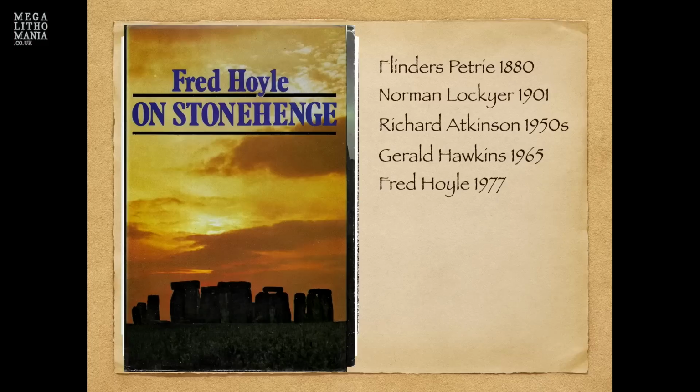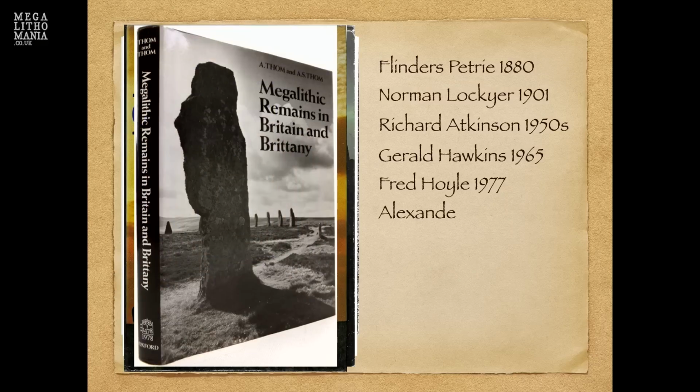And then after Hawkins, we get Prof Hoyle, another astronomer, renowned professor, who did another great book on Stonehenge, looking at the astronomical alignments. And then, of course, we had Alexander Thom, who did a good survey of a lot of these megalithic monuments. They were sort of looking at precession.